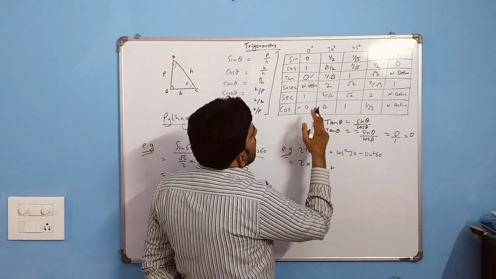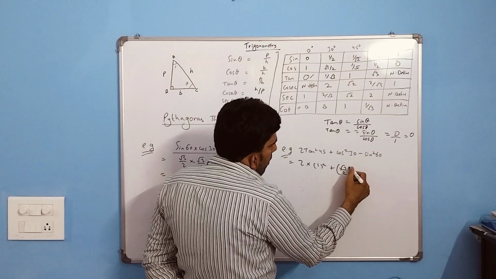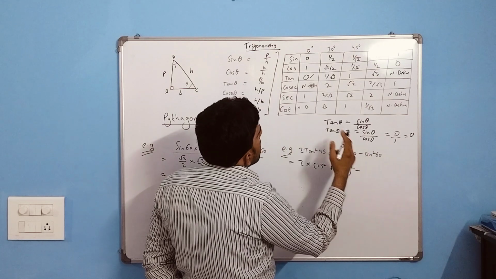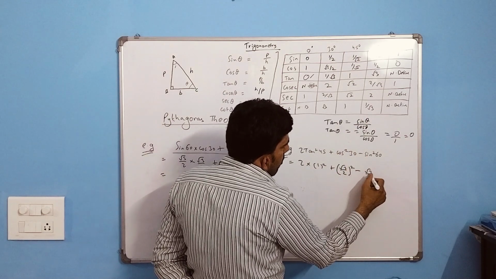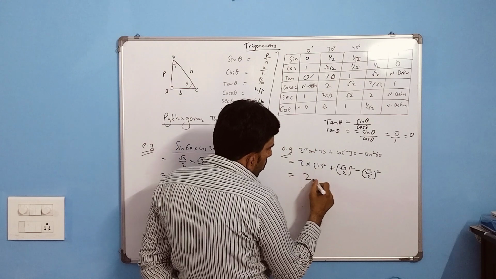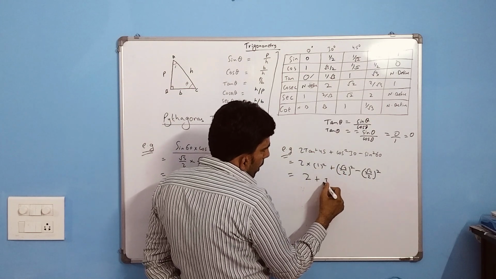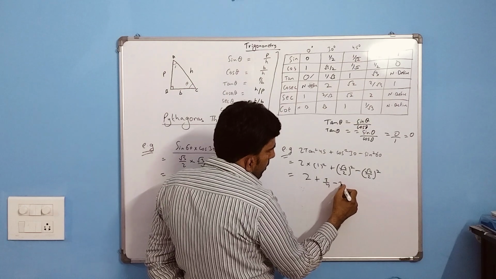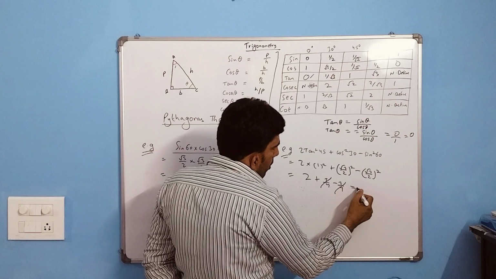What is cos 30? What is sin 60? Root 3 upon 2. So now 2 plus this, you can easily identify, it will be 3 upon 4 minus 3 upon 4. So finally you got the value 2.